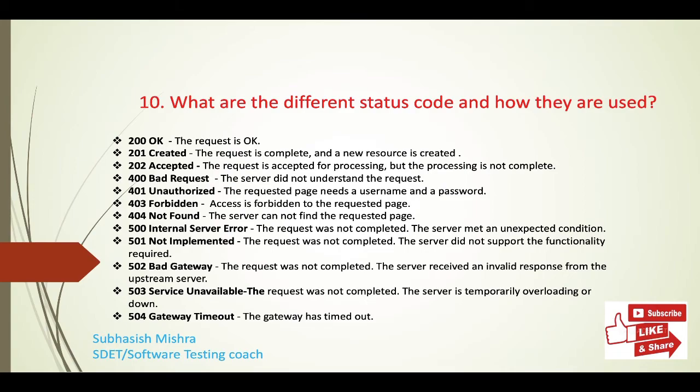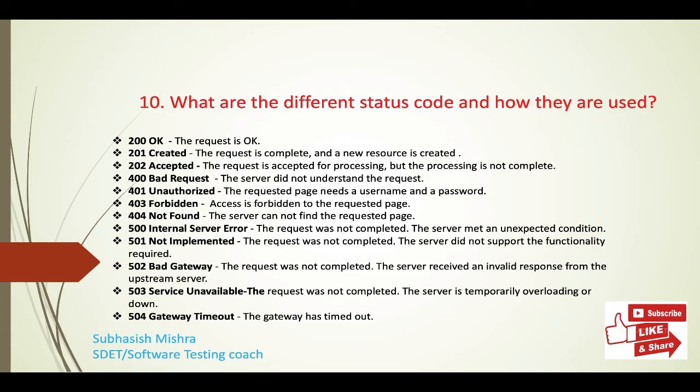So in that case we get 400 Bad Request and a proper error message. 401 Unauthorized, the requested page needs a username and password. If you have not given a proper username and password. 403 Forbidden, access is forbidden to that requested page. You don't have access to use that content. Then 404 Not Found, the server cannot find the requested page, whatever you are looking for, it is not there.